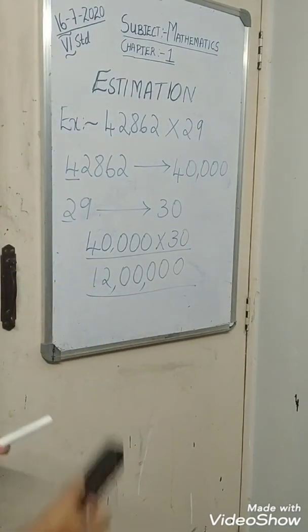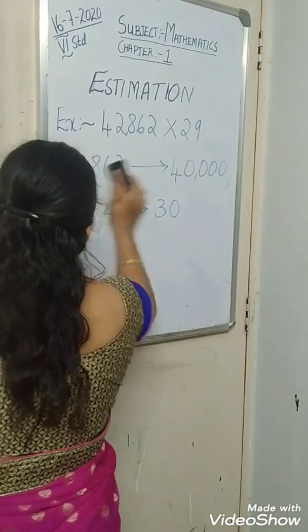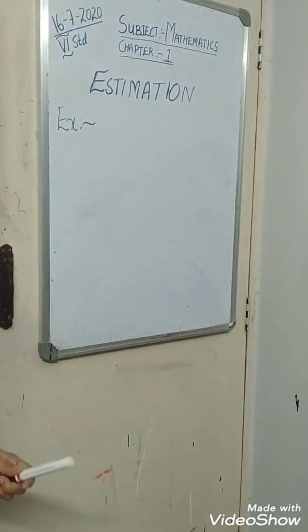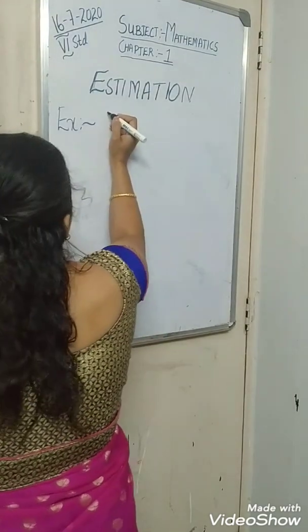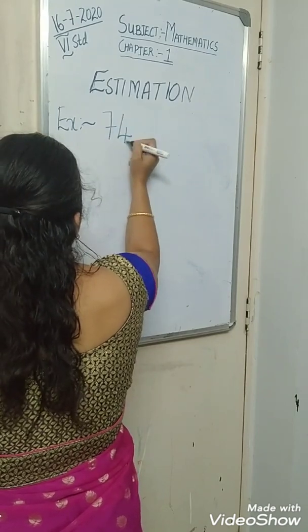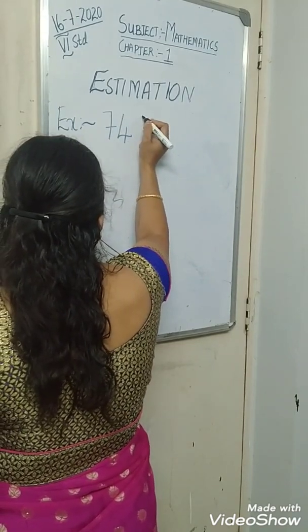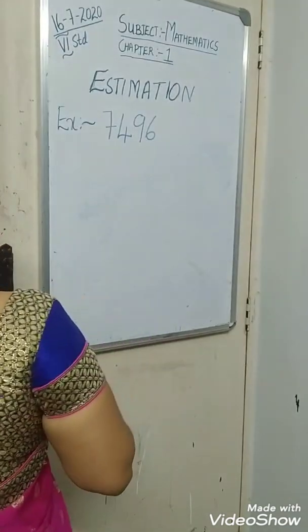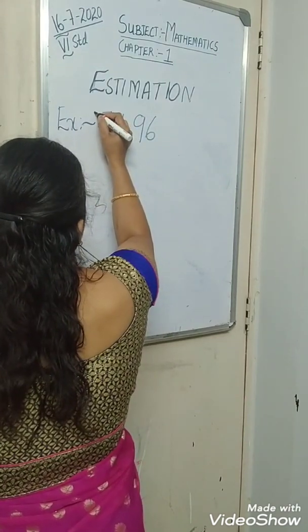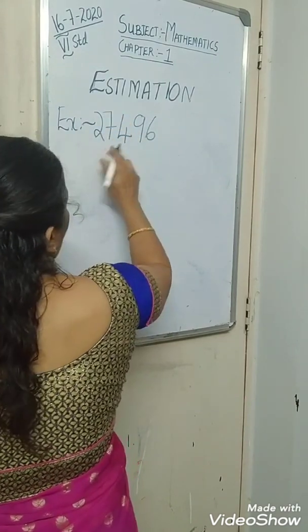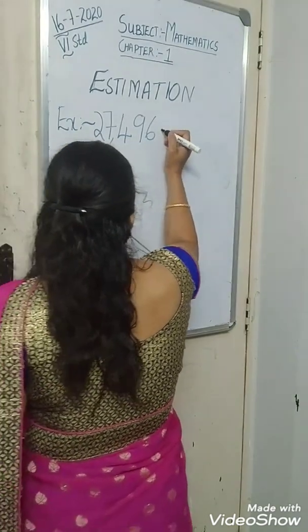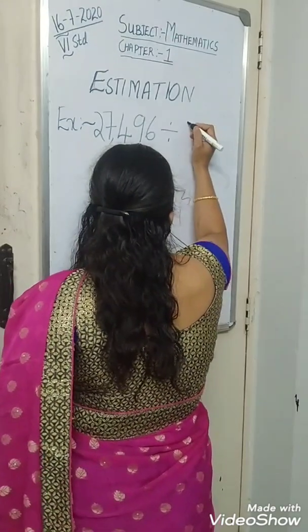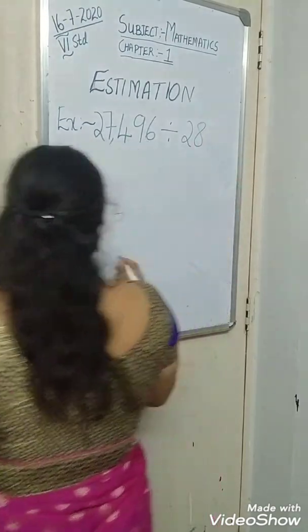Let us see another example of division. 27,496 is divided by 28.